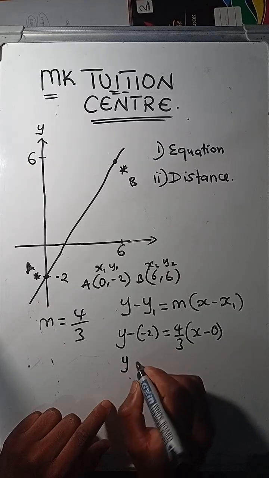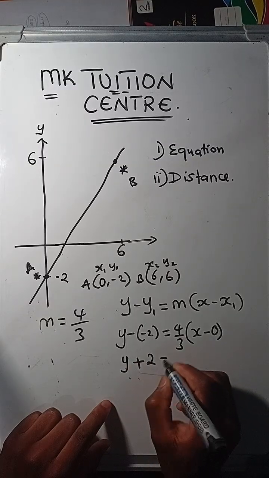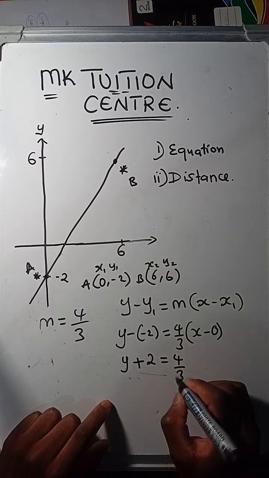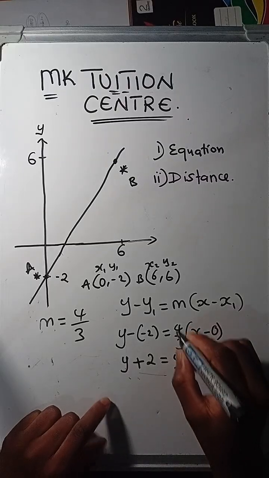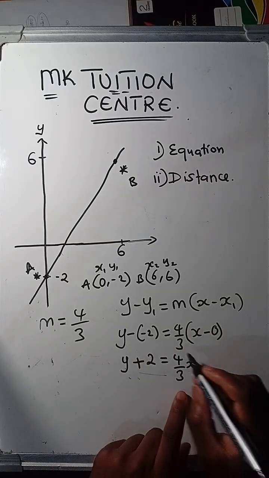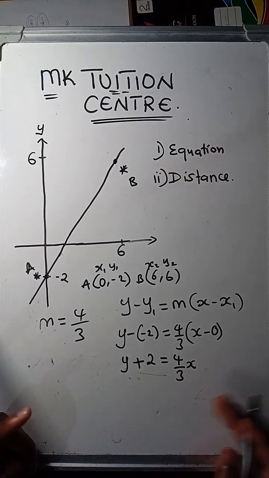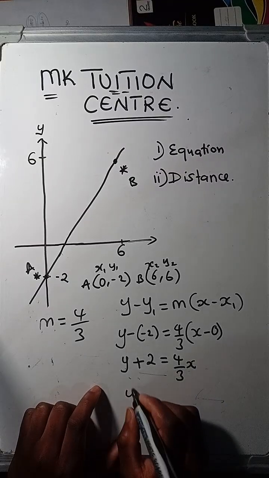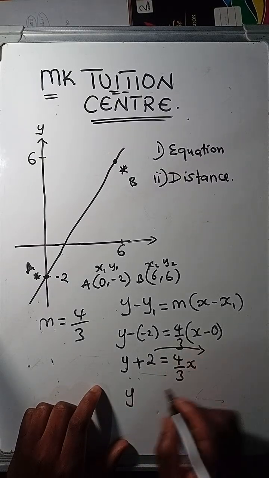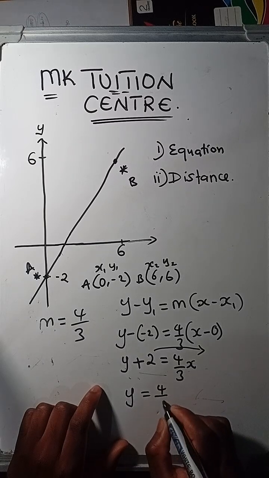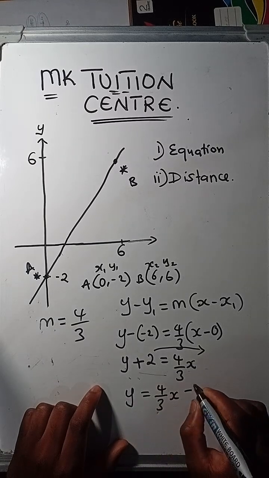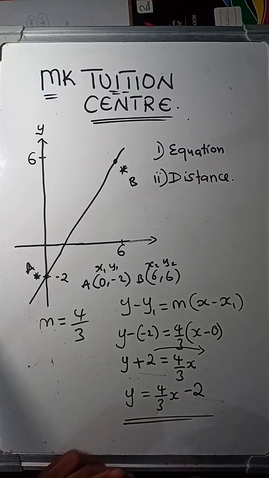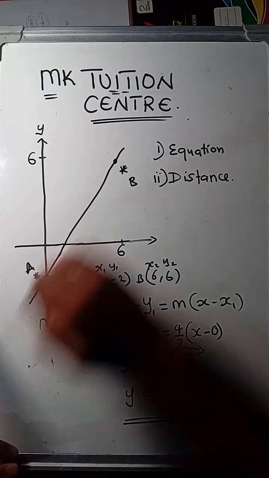So we're going to have y plus 2 equals 4 over 3 x, and this one times that one will give us this, and this one times 0 will give us 0. Then we make y the subject and have something like this. So this becomes the equation of this line.